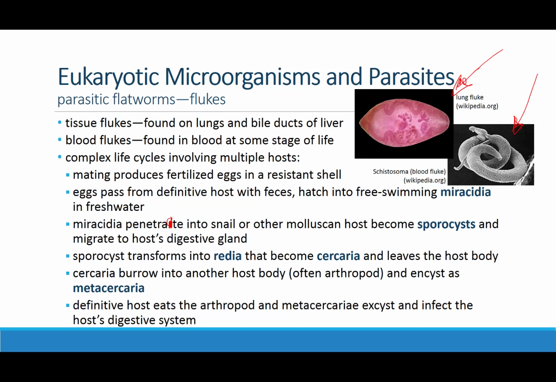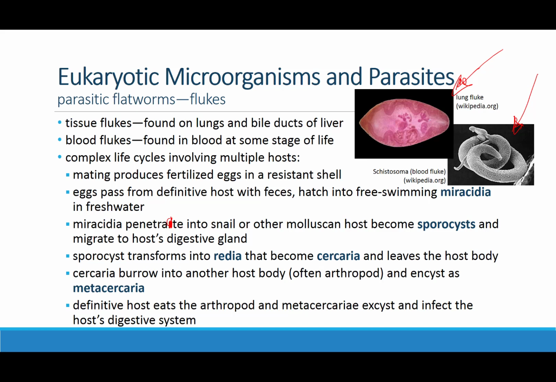The metacercaria then gets eaten by the definitive host, and the metacercaria excyst. Encysting is forming a cyst around you in body tissue somewhere. Excysting is when the cyst is broken open, and they infect the host's digestive system.